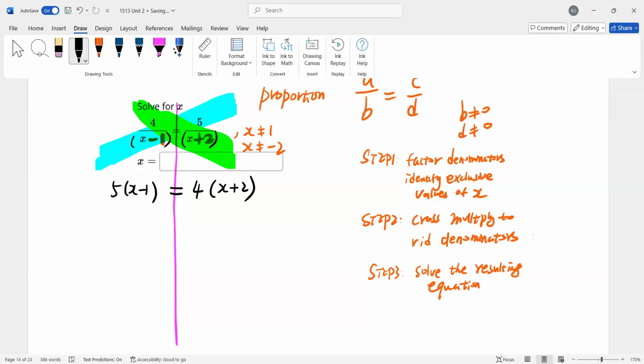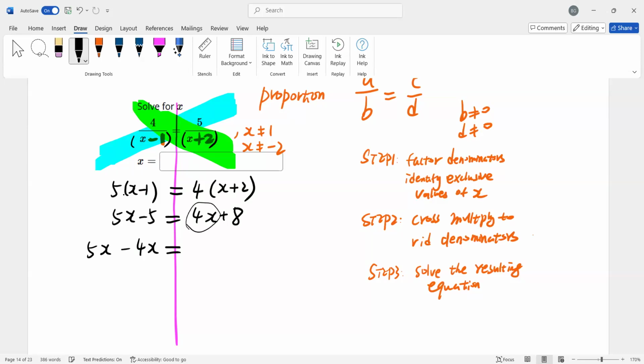Okay, so now we distribute 5 times x, 5x, 5 times -1, -5. On the right side, distribute 4 times x, 4x, 4 times 2, 8. And then I'm going to keep 5x on the left side, move 4x over. You can solve this in a different way, you know how to solve it from foundation. So I'm gonna just do this my way.